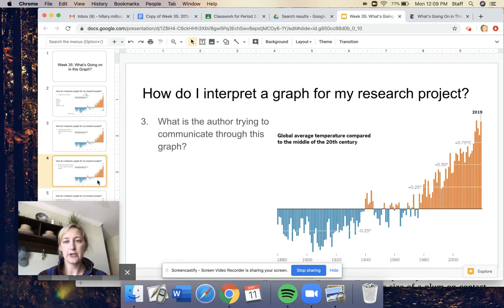And then the third thing you're going to ask is, what is the author trying to communicate through this graph? So this is like asking, what's the main idea of this graph? So I know their point has something to do with global average temperatures. They're also comparing it. So I think they're trying to get across something to me about average temperatures and a trend. I think that's really the point.